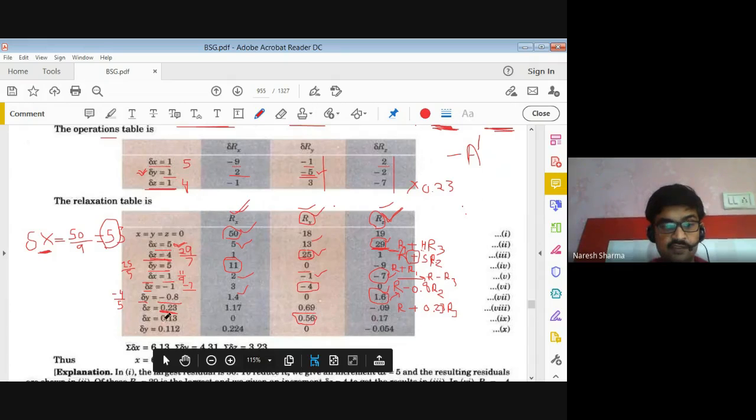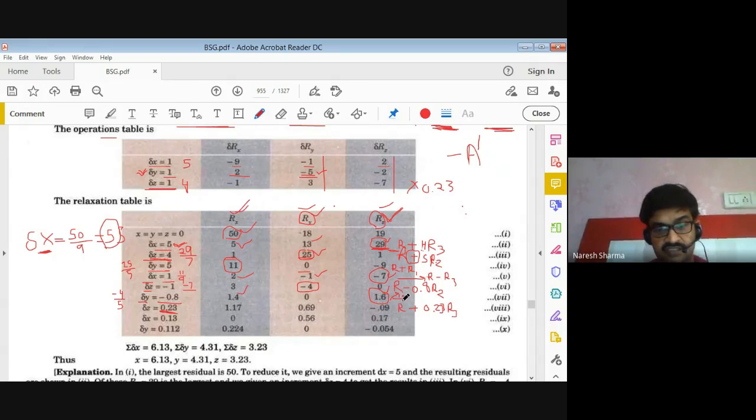Sorry, one step I missed. This should be written here. Right? So I rewrite this. We must use here this R plus 0.23.